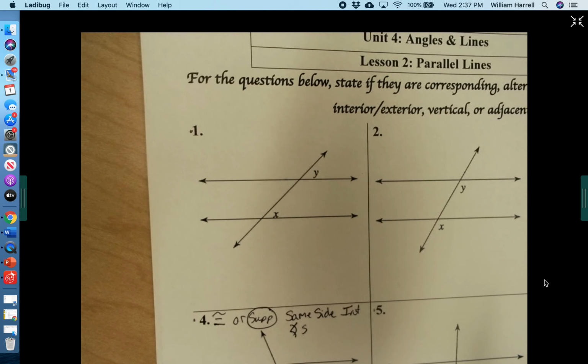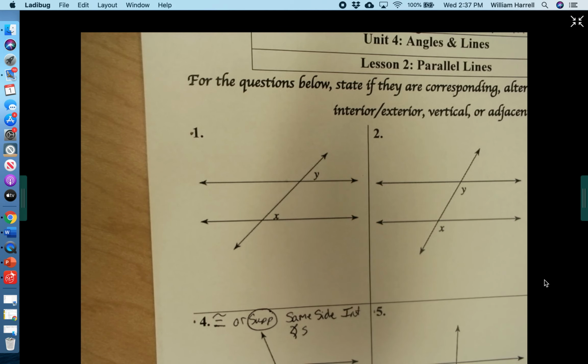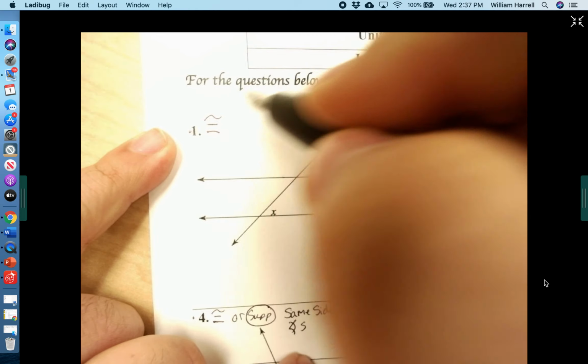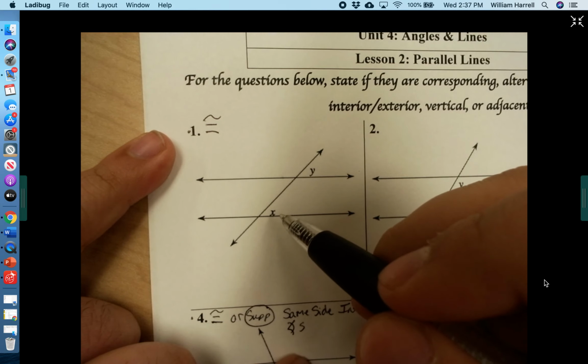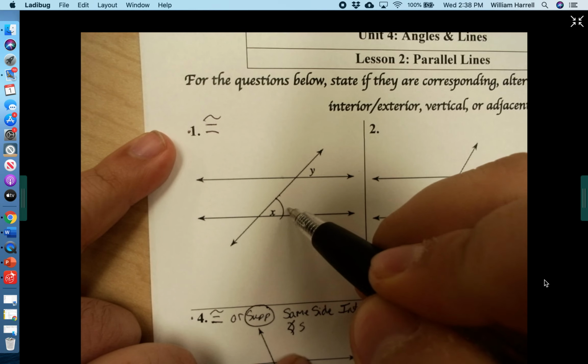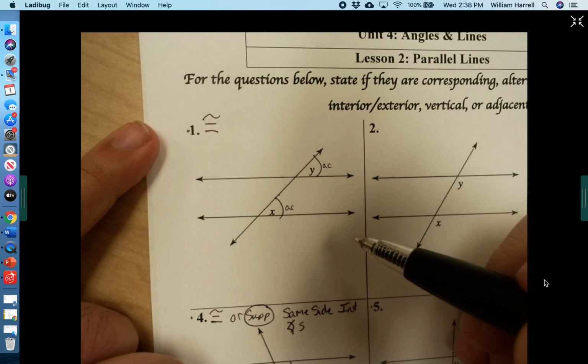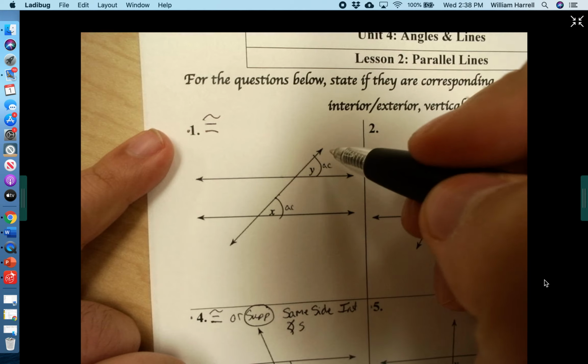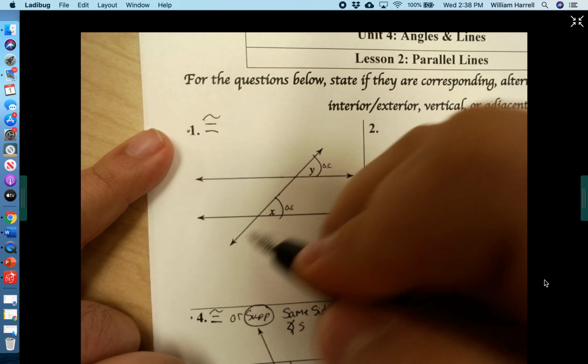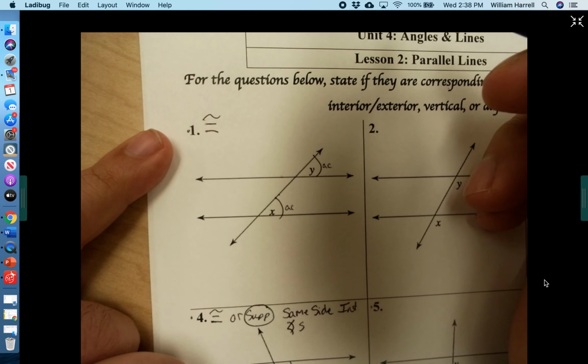Last one. Again, are these angles supplementary or are they congruent? They're both congruent because they're both acute. Okay. Next, when I name them, based off of the transversal, are they same side or alternate?